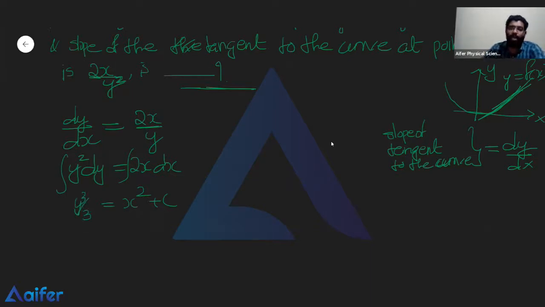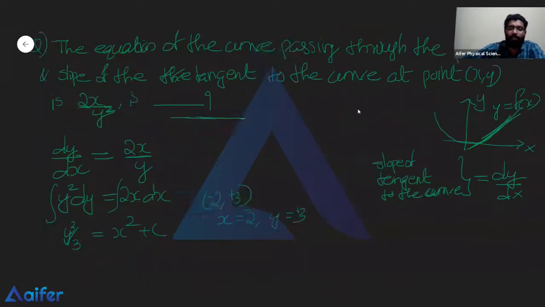Now we can use the condition. The curve is passing through the point (-2, 3), so x = -2 and y = 3.